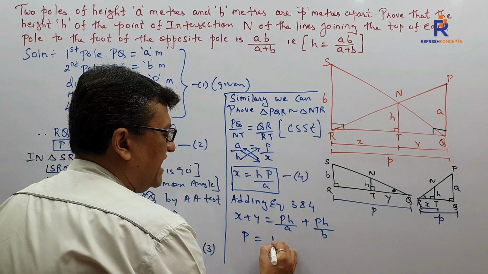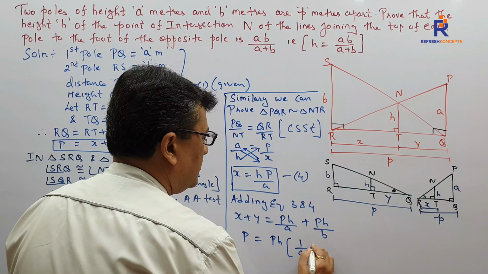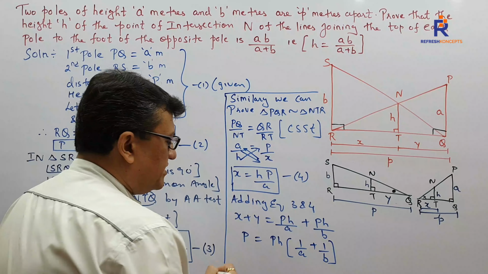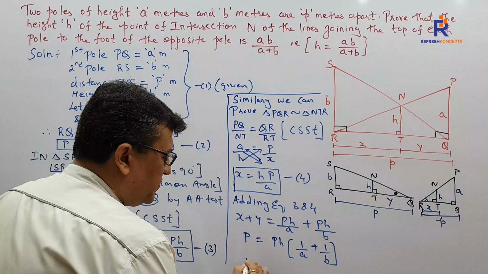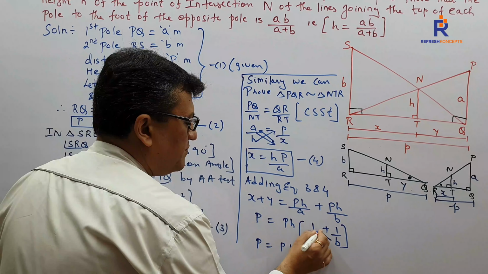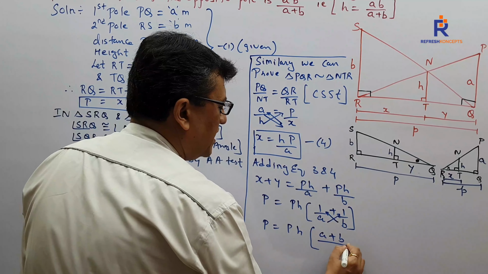P is equal to, can I take PH common? What will I be left with? 1 by A plus 1 by B. Children, I'll take the LCM. Will I be writing A plus B by AB?